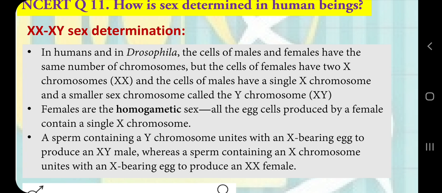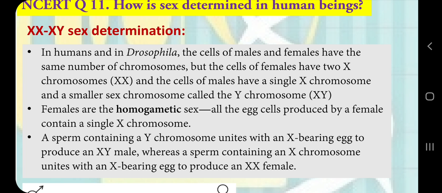We will learn about this in the molecular basis of inheritance and cytology also, because the Y chromosome is not very essential for living beings, so it has very few genes. That is why the X chromosome is very large as compared to Y, and it has many crucial genes. So all males and females have X chromosomes, but females do not have a Y chromosome, and they are surviving very well without it.